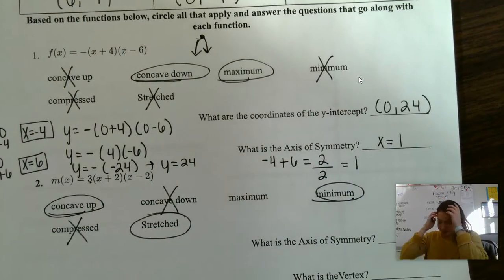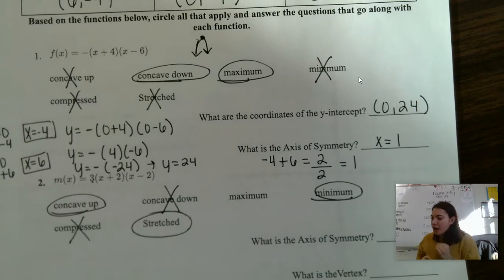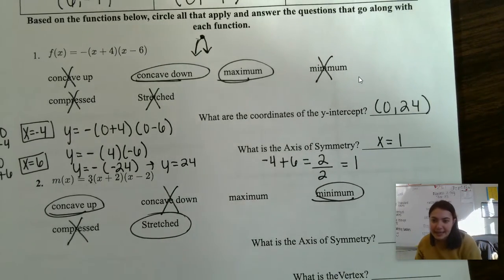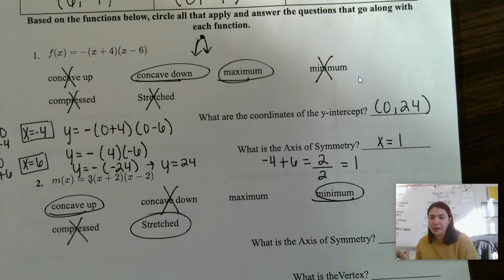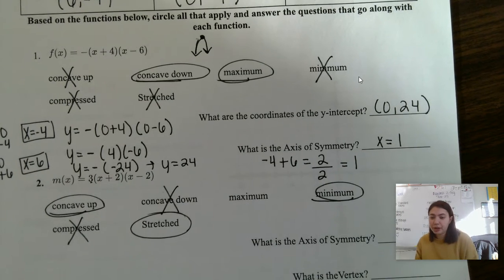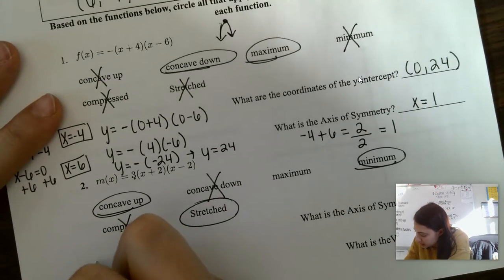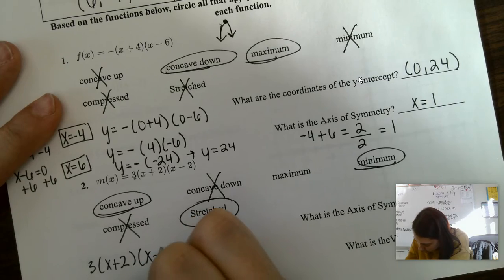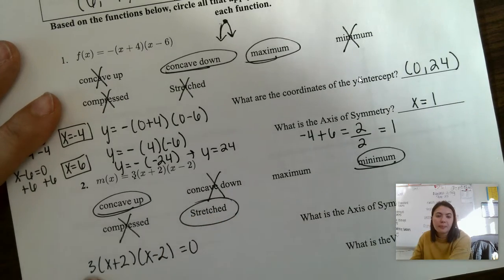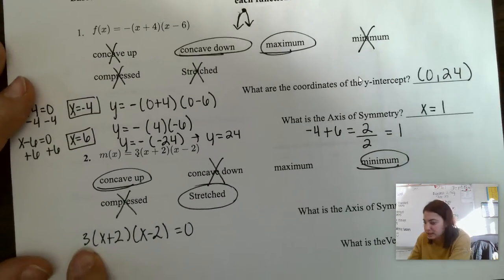Okay. Same thing again. Our axis of symmetry is taking the average of our two zeros. And with that a value of 3, we really can't include it because we can't ever set 3 equal to 0, right? So we still just keep x plus 2 and x minus 2, and we set those equal to 0.